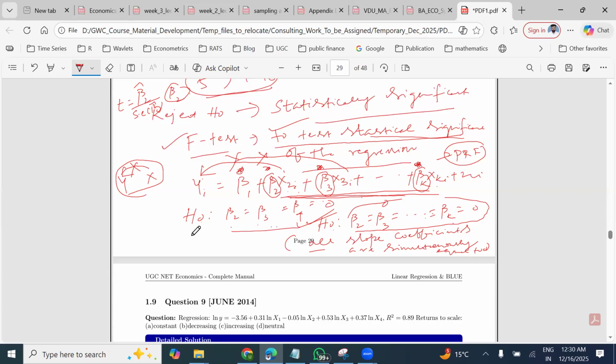Of course your alternate hypothesis will be beta 2 is not equal to 0. Don't use hat in writing the null hypothesis and alternate hypothesis. Is this clear or is there any doubt?